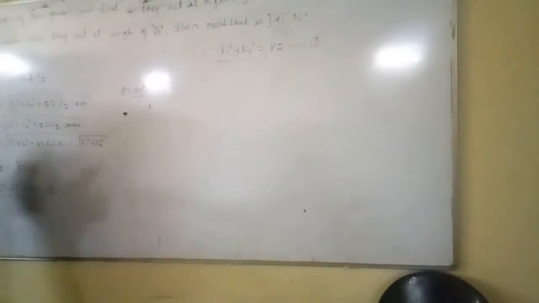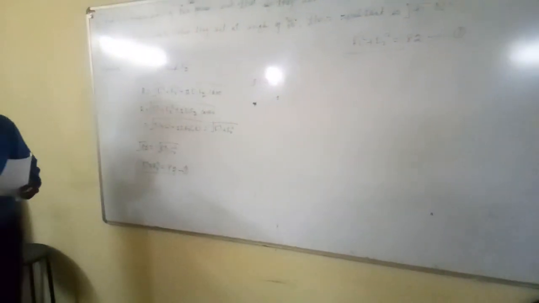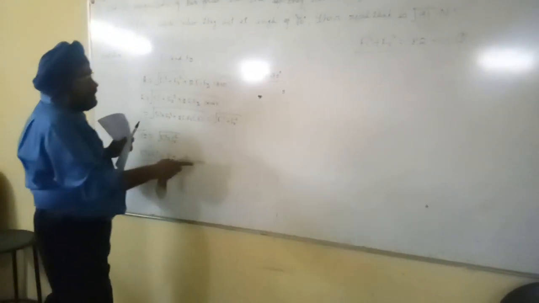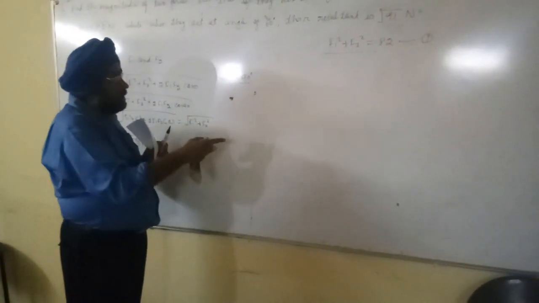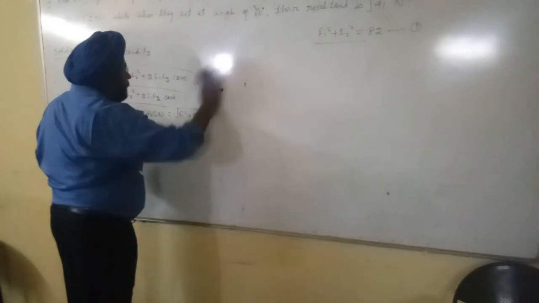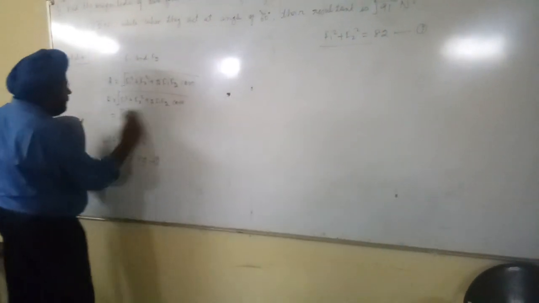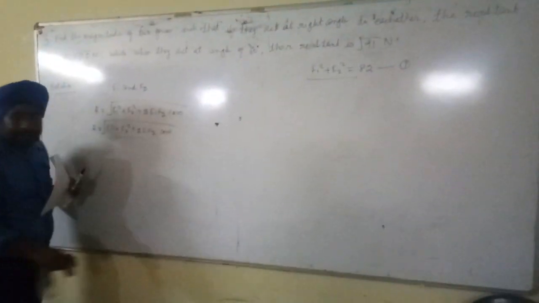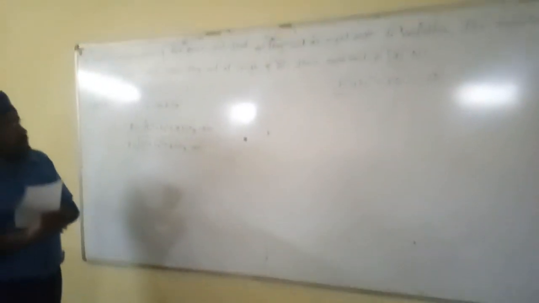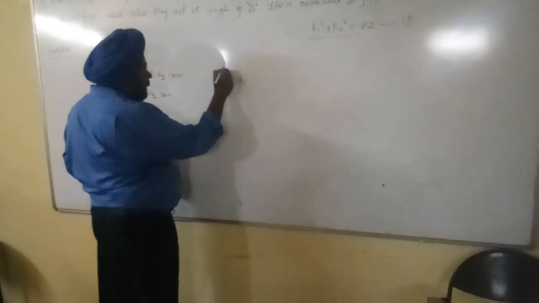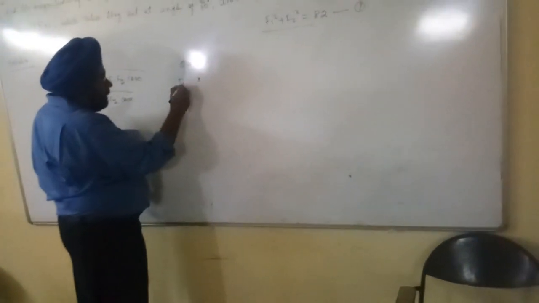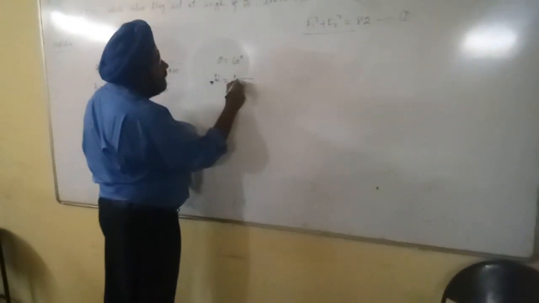So this is the value of the resultant force when the two forces act at right angle to each other, theta equal to 90 degrees. The second case is when the angle between the two forces, theta, is equal to 60 degrees. Then the resultant force is √91 Newton.